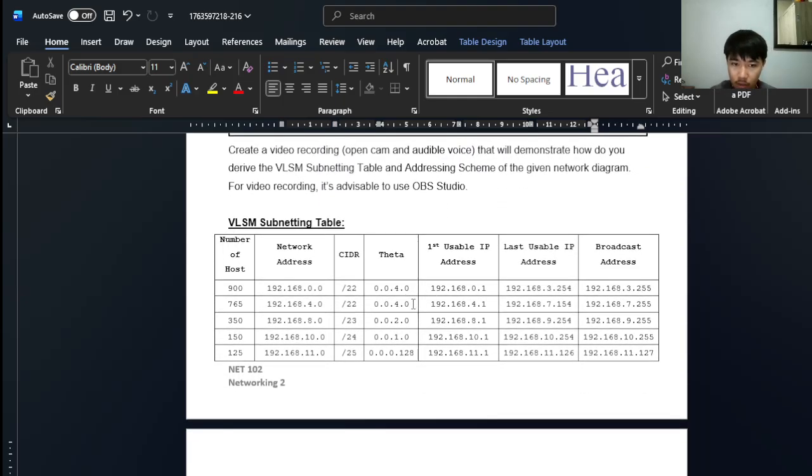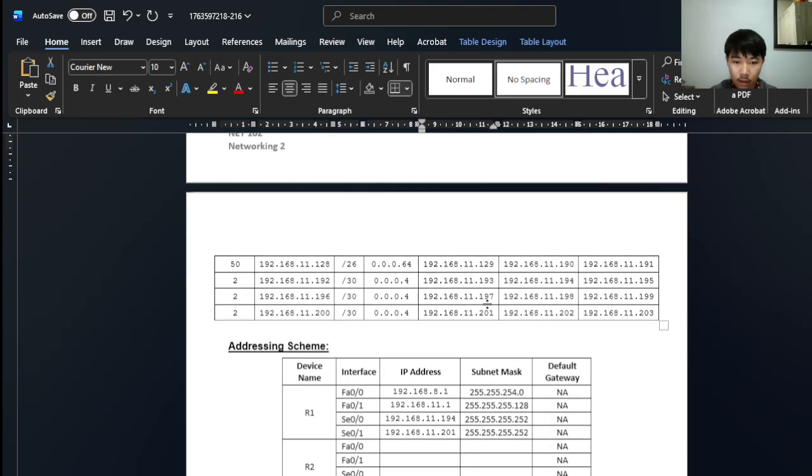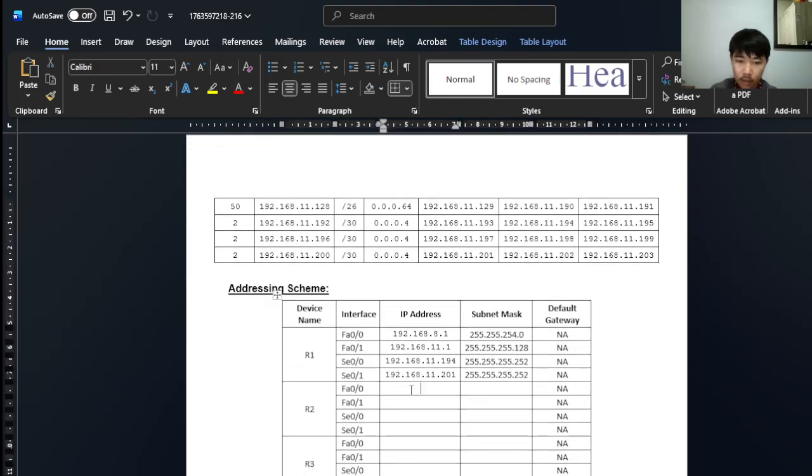For our 765 hosts, let's copy paste the first usable IP address for Router 2 FastEthernet 0, which is 192.168.4.1.